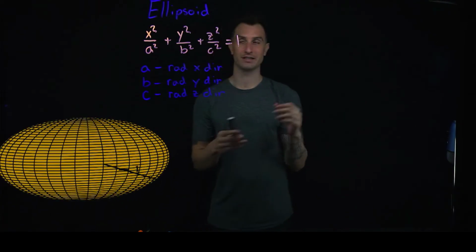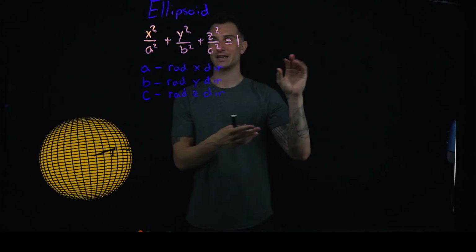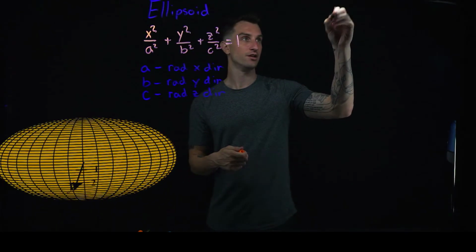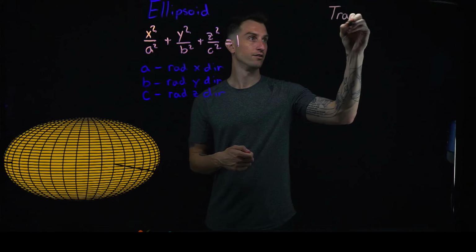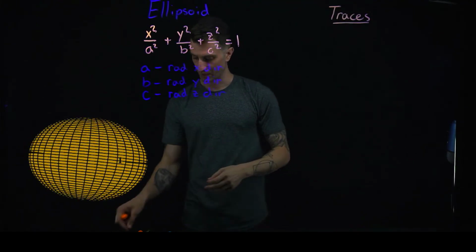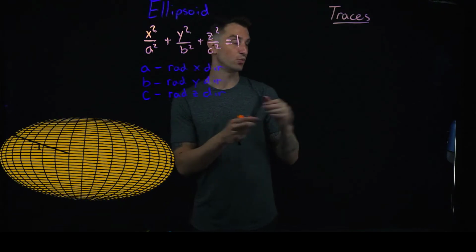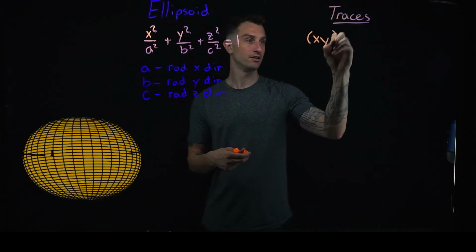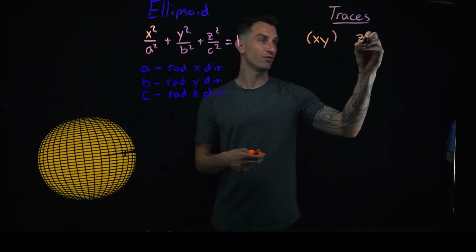Now, if we don't want to memorize the equation and we want to break it down so we can just visually see it, the best way to do it is to break it down into 3 two-dimensional images, and we call these images traces. We did this before, we're just going to look at each individual plane. Let's say we want to look at the xy plane, this is when z is equal to 0.